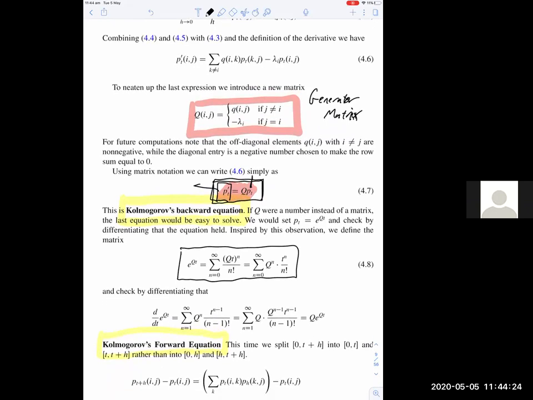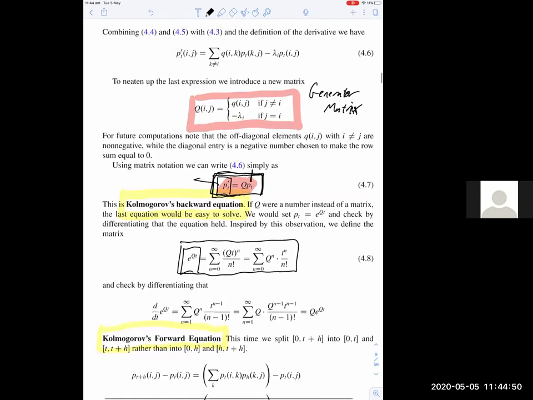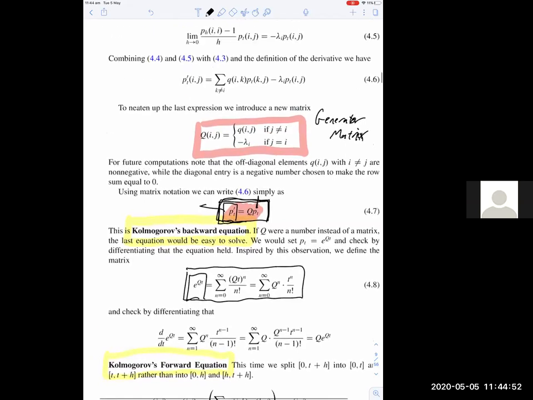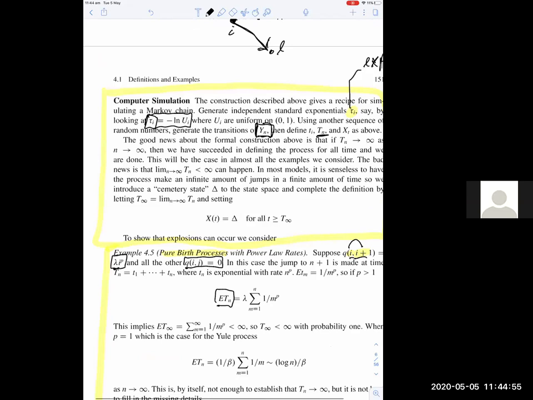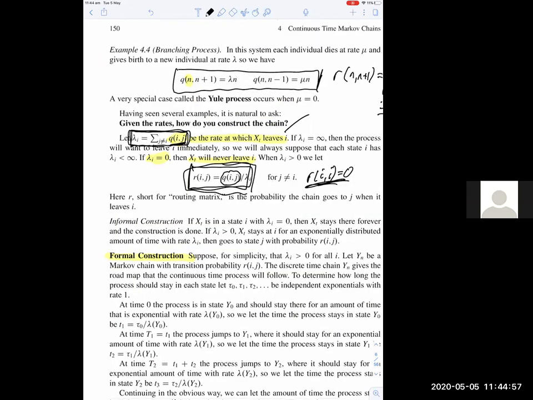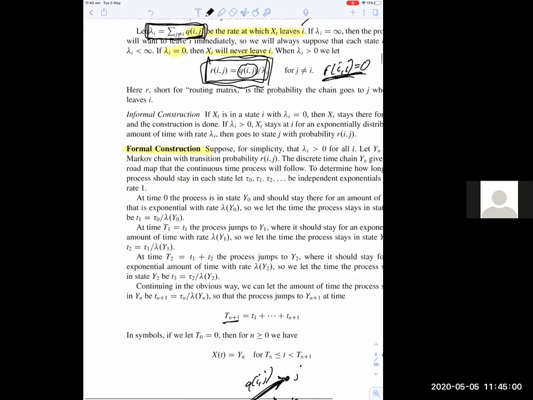So you can find the transition probabilities by computing a matrix exponential. The only problem is that the matrix exponential is only really well defined if your state space is finite. For finite state spaces, this is all a bit simpler. Just like in discrete time Markov chains, all we did in the project was finite state spaces. But keep in the back of your head that you also have infinite state spaces, such as in the branching process example.